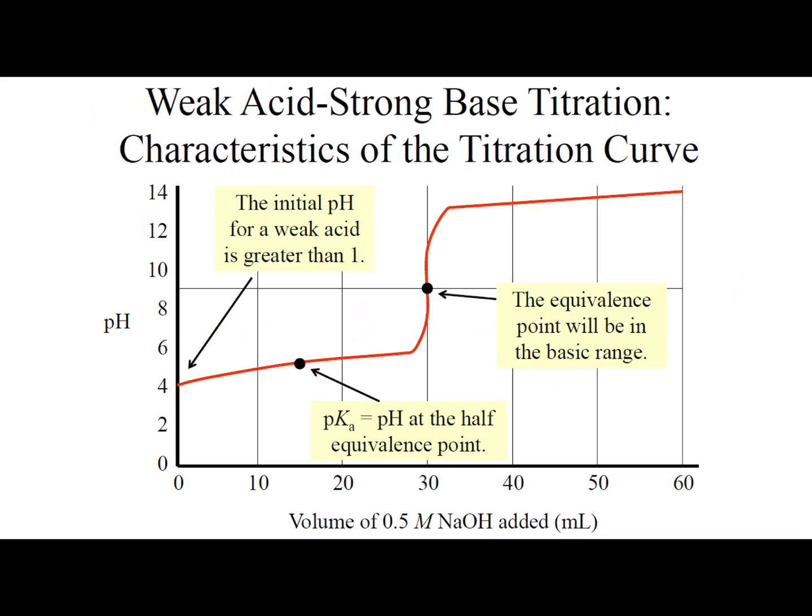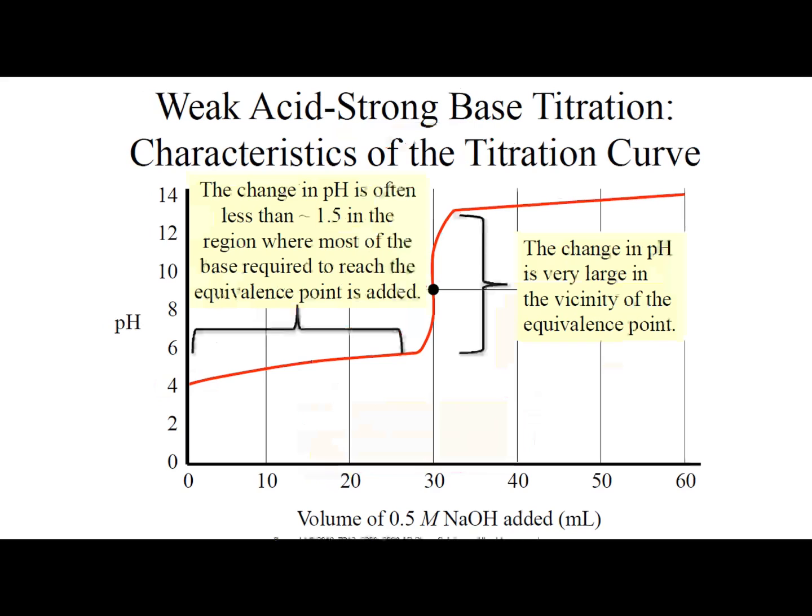So if we take a look at a weak acid, strong base titration curve and compare the characteristics of it to that of a strong acid and a strong base, you will notice that the initial pH for a weak acid is greater than 1, that the pKa will equal the pH at the half equivalence point, and the equivalence point, in which the moles of acid and base are equal, will actually be in the basic range because we are being titrated with a strong base.